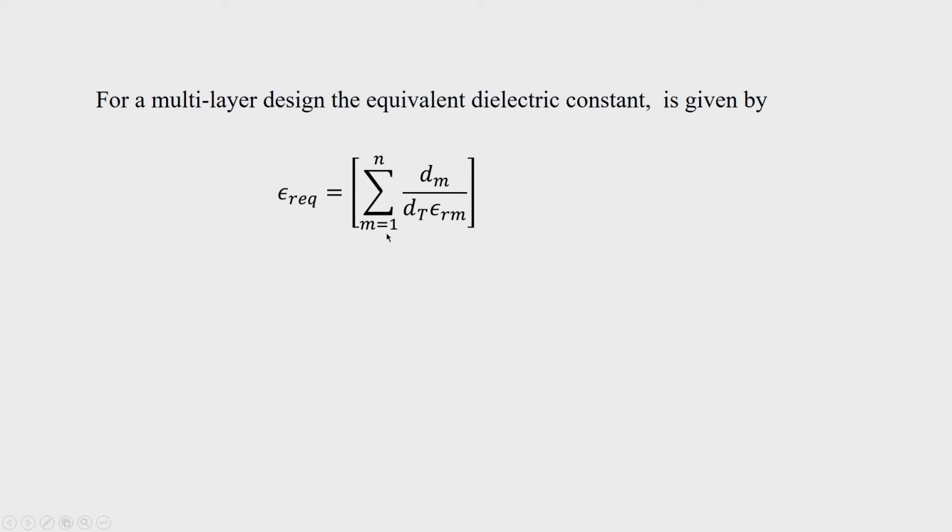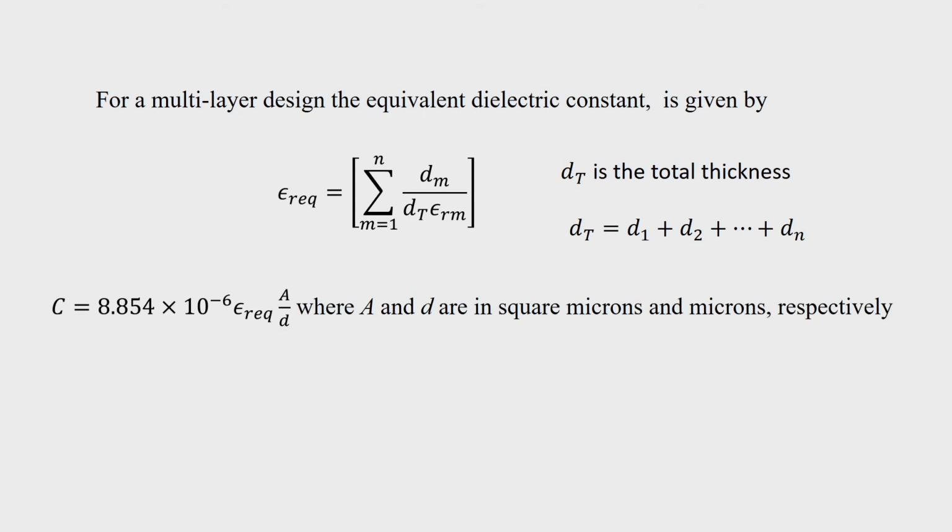If we have n number of dielectric layers, each having dielectric constants epsilon r m, and dm is the thickness of individual layers and dt is the total thickness, then we can write dt is equal to d1 plus d2 plus up to dn, and C can be finally calculated as 8.854 times 10 to the power minus 6.